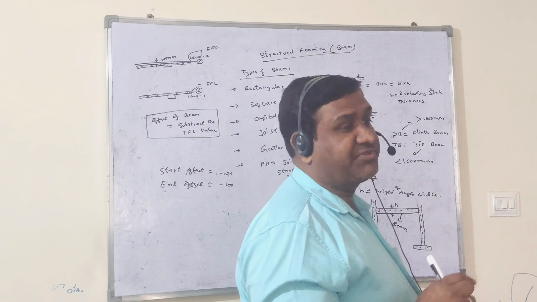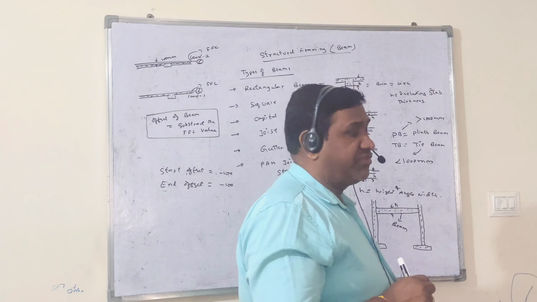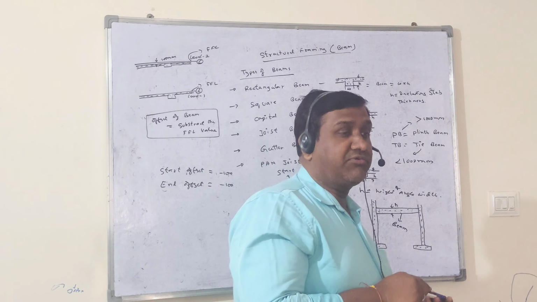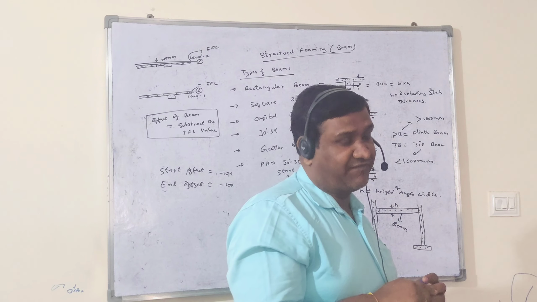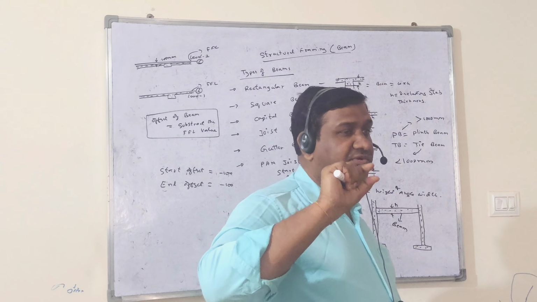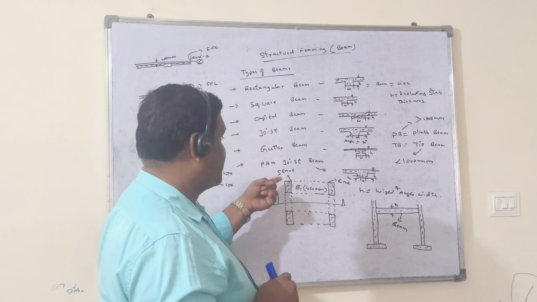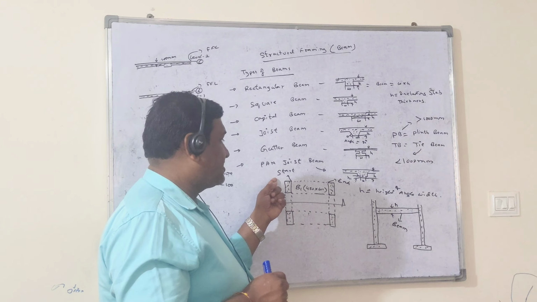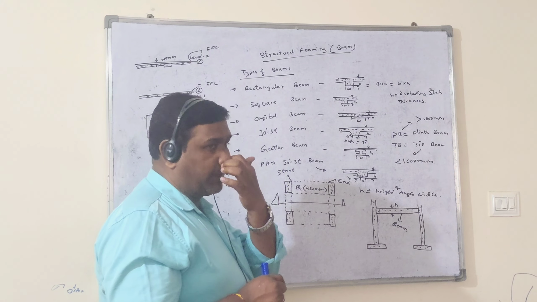So whenever you place any beam in a project, on any floor, you have to see the thickness of the FFL, and that value you have to minus at both ends, start end and end, left end and right end.